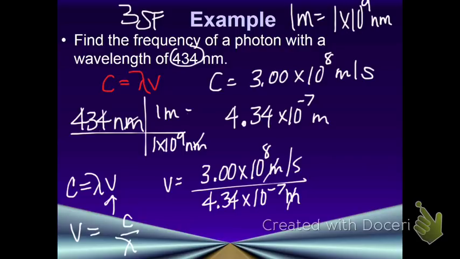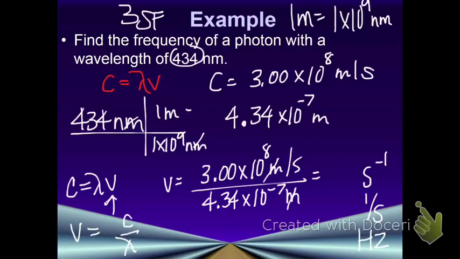And my meters cancel out, and I'm left with seconds to the minus 1, or 1 over second. Whenever you see that minus 1, that just means it's supposed to be on the bottom. A lot of times they'll just write second minus 1, but it's the same thing as 1 over seconds, which is the same thing as a hertz.